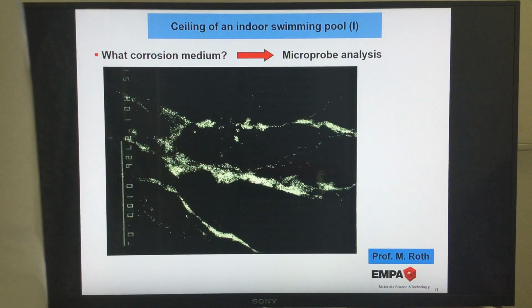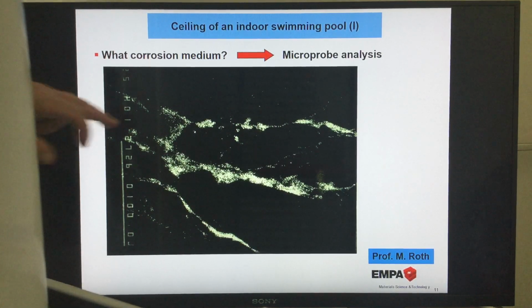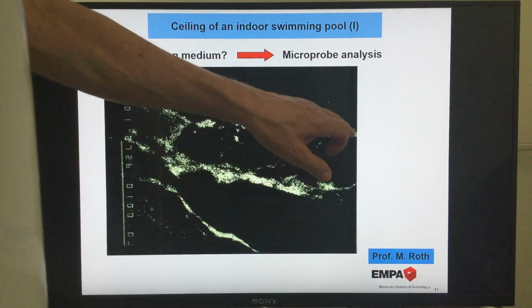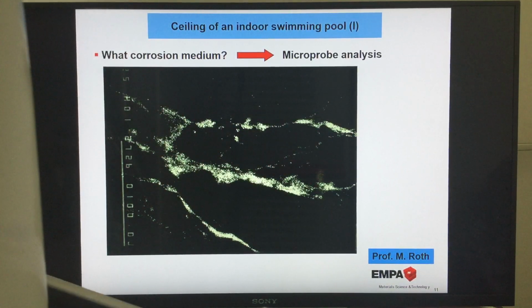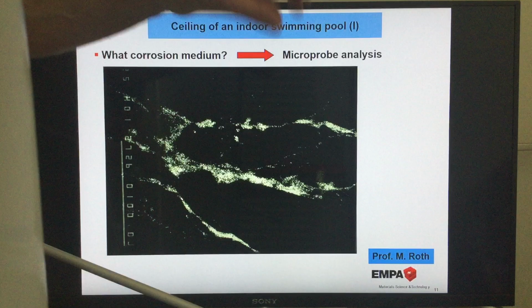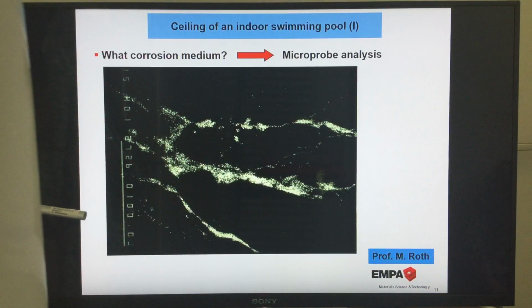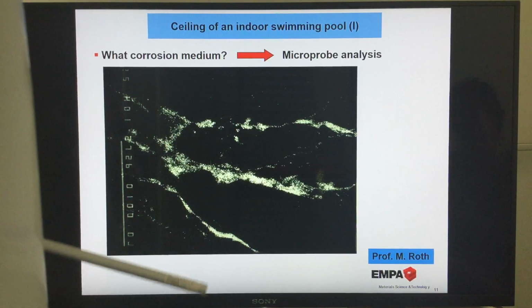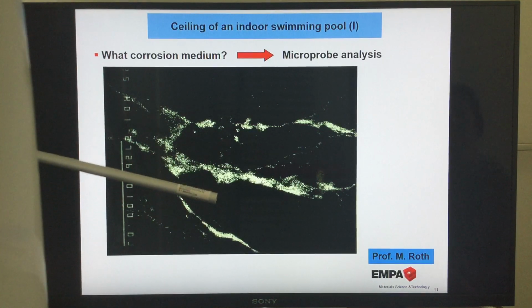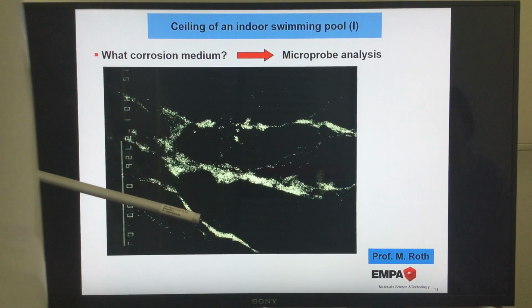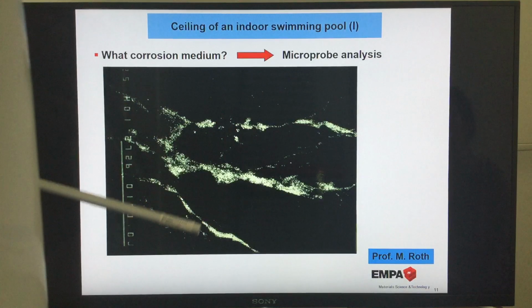That's also a very interesting mechanism. Why does the chlorine really follow in the cracks, and especially at the crack tip, and then go and help to grow the crack deeper and deeper inside? Why? Of course, at the crack tip the metal is dissolved, and the metal is dissolved, that means it's positively loaded.